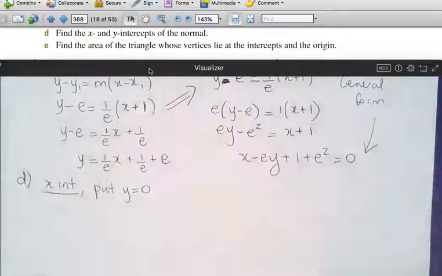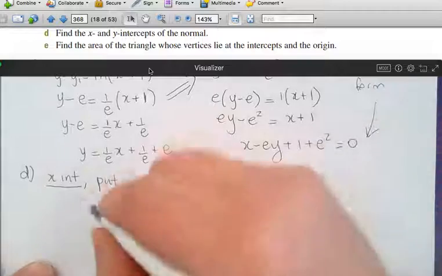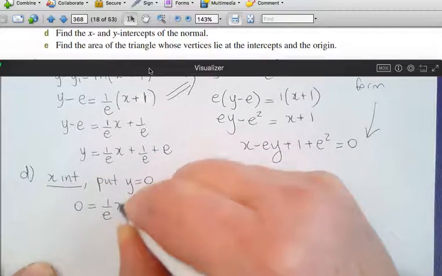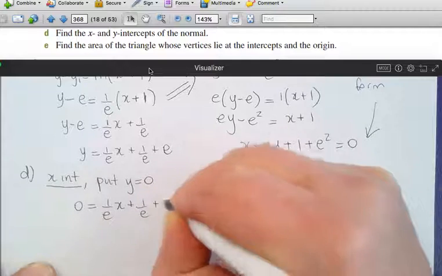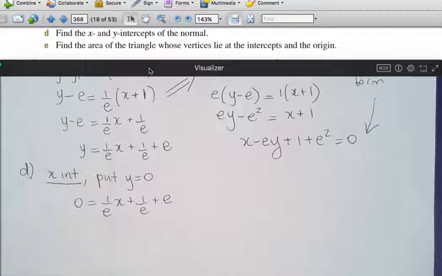Let's do it in the hard one, because you'd know what to do with this one. We'll do it both ways. If I put y is 0 in this one, I've got 0 equals 1 over e x plus 1 on e plus e. How do you want to solve that? You could either take everything over, but there's a quick way to get rid of the e's on the denominator.